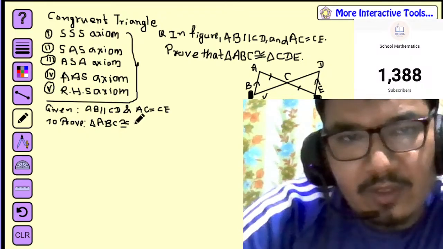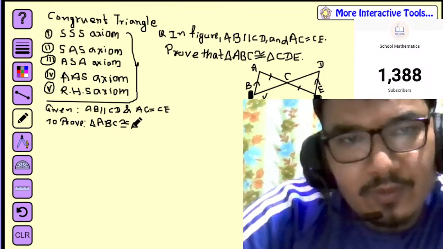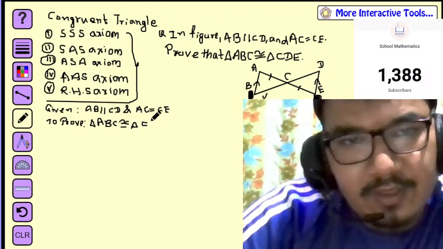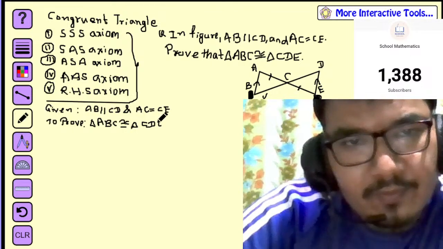Triangle ABC is congruent to triangle CDE. This is the congruency symbol. This is also already given in the question.